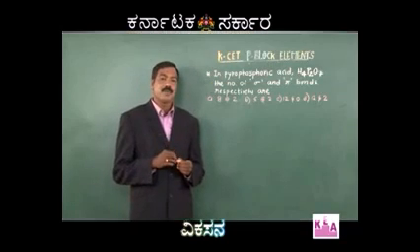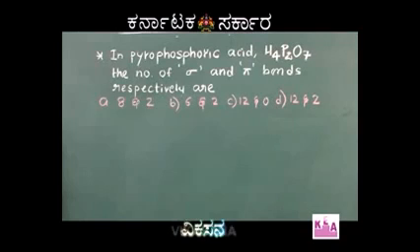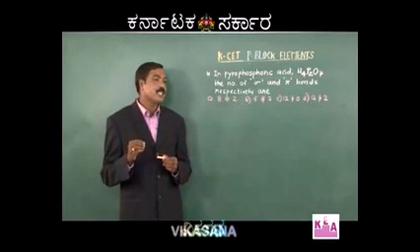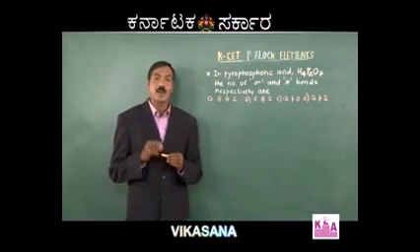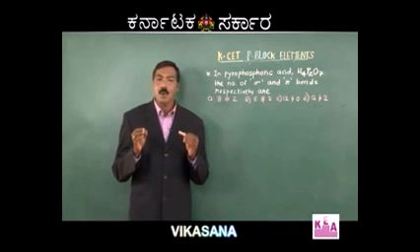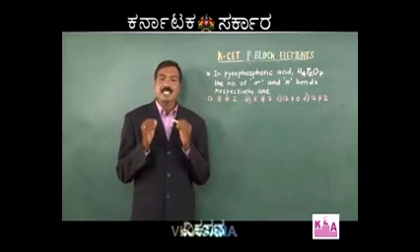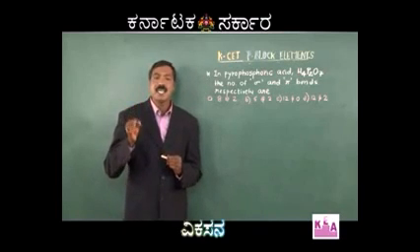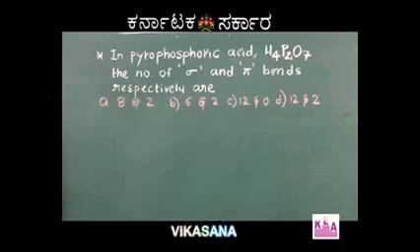In this question, we have pyrophosphoric acid, and you are lucky enough to have the formula also, H4P2O7. The number of sigma and pi bonds present in the structure. So how do I work this? When I write the structure, I remember telling one code word, P double bond O umbrella. So let me devise that formula once again.